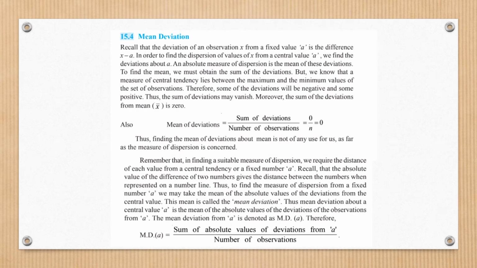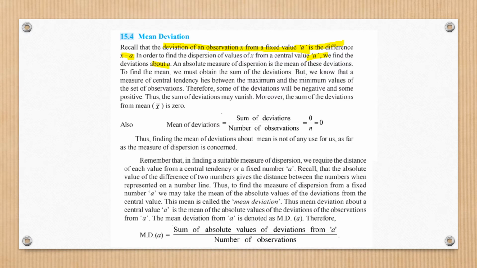Now, what is mean deviation? Let us understand it. Recall that the deviation of an observation x from a fixed value a is the difference x minus a. In order to find the dispersion of values of x from a central value a, we find the deviations about a. An absolute measure of dispersion is the mean of these deviations.